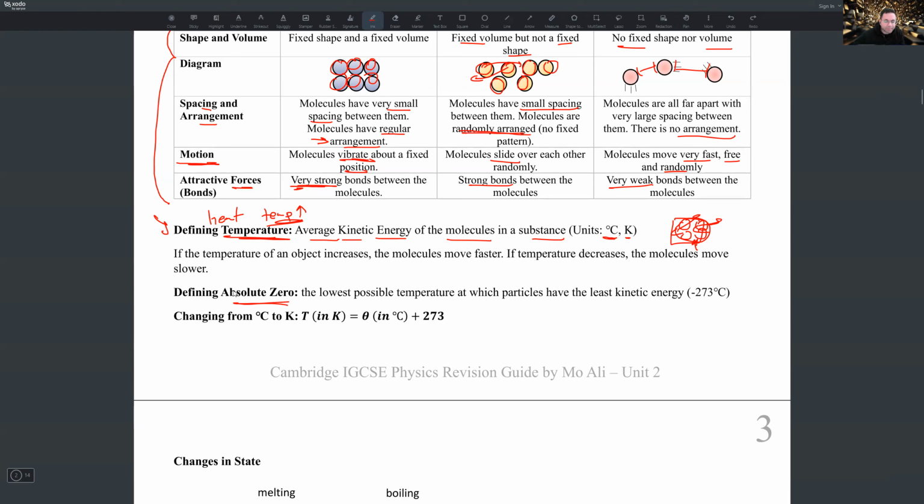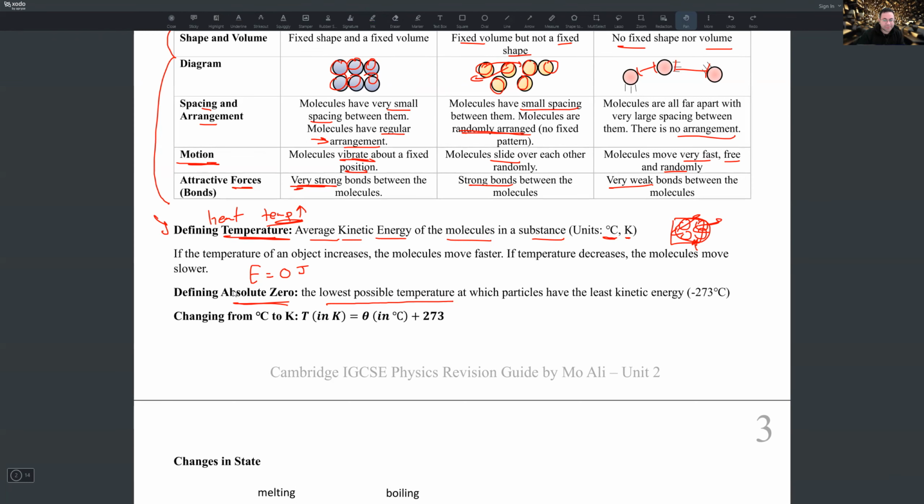What's the minimum amount of energy inside anything? Zero. When something has zero energy, that's the minimum. There's nothing lower than that. The minimum amount of kinetic energy in a substance is zero. And when that happens, we say that's the lowest possible temperature the particles can have.